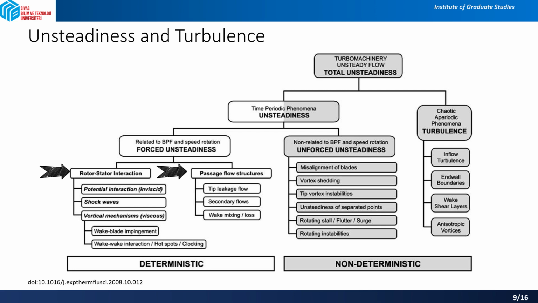And also you have the interaction between rotor and stator, the flow passing from the rotor and hitting the stator. So these are all interactions. But because of the physics of the turbomachine, the rotor is rotating with some RPM. This RPM shows you the frequency, the period, everything. That's why these are deterministic. They have certain values.